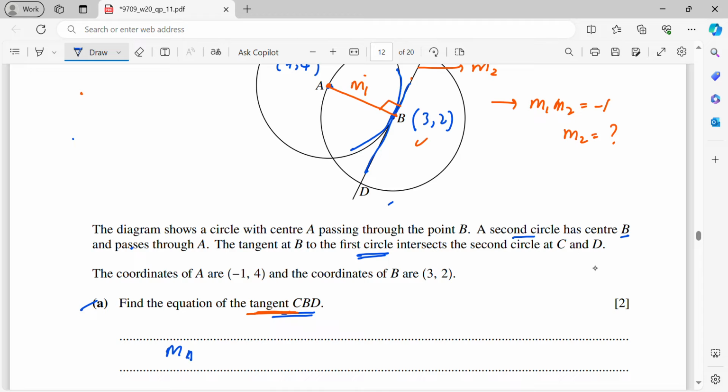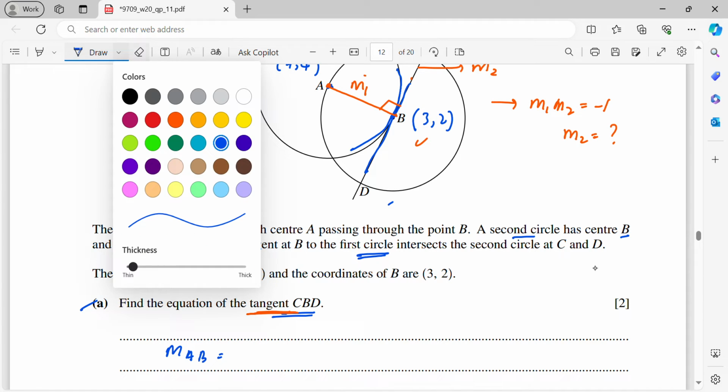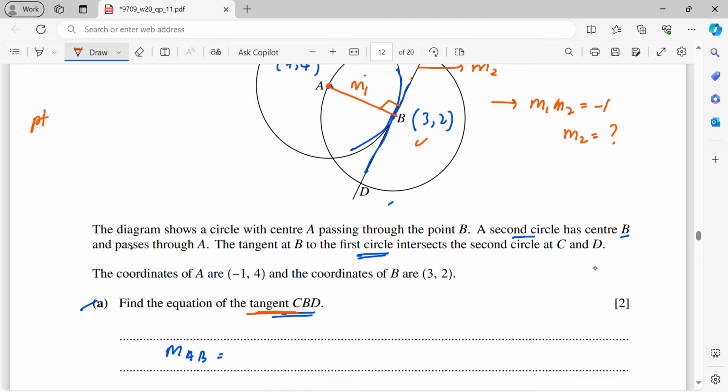So MAB. For the gradient formula, let's say you are given 2 points. Okay, I give you the general formula. Point x1, y1, x2, y2. The gradient is M equals the difference of the y over the difference of the x.